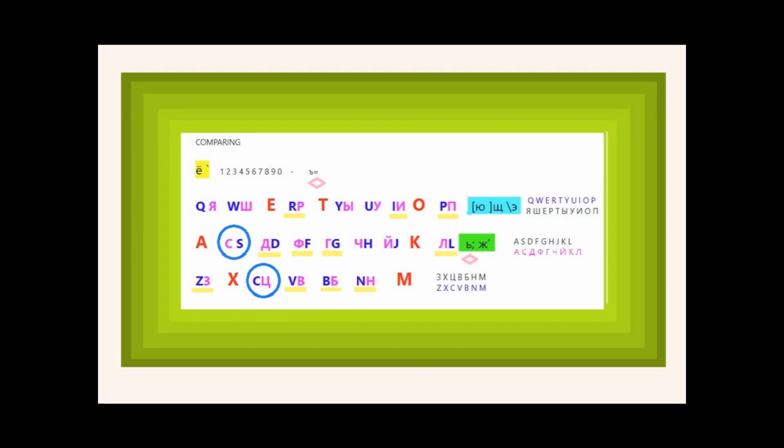The next yellow is B in English, A, B, C, D, B. Latin alphabet, dark blue color, and magenta color, B. Russian, the same consonant, B. In English it will be book.